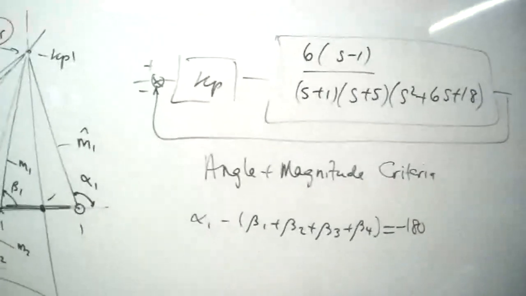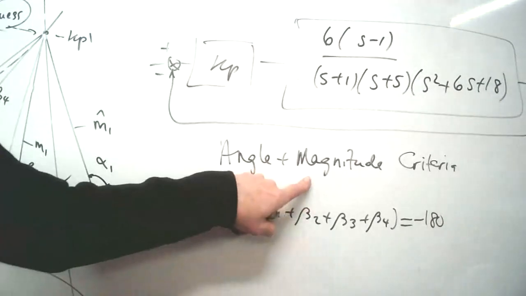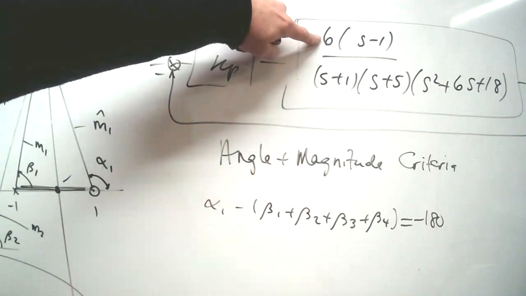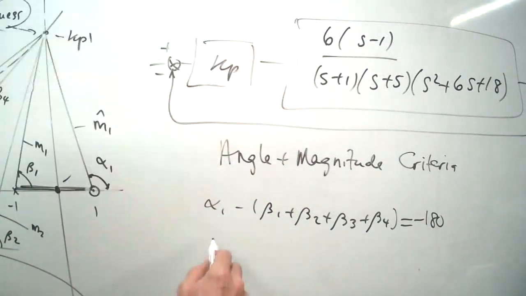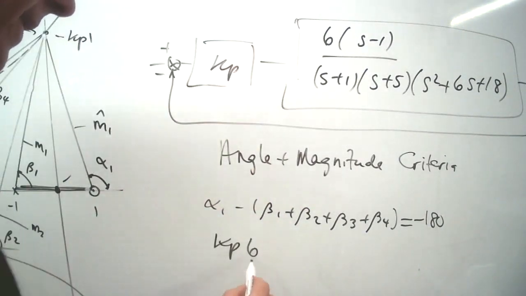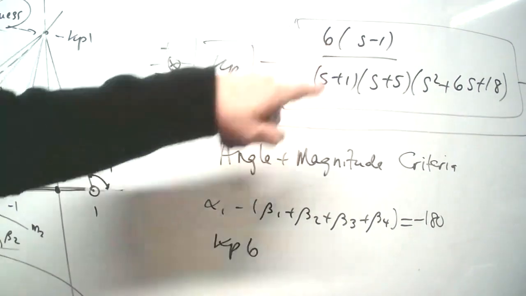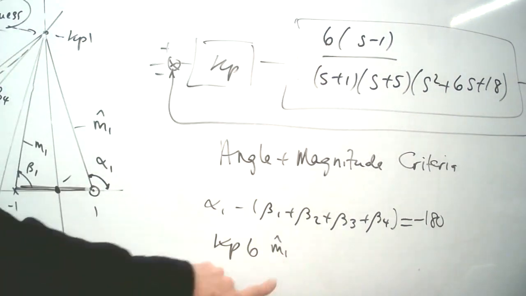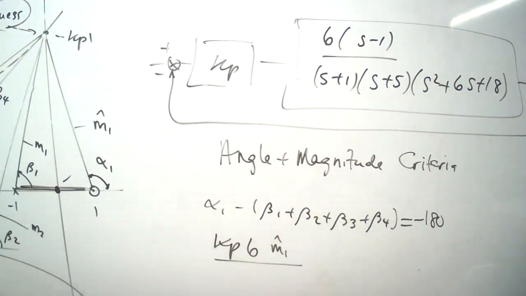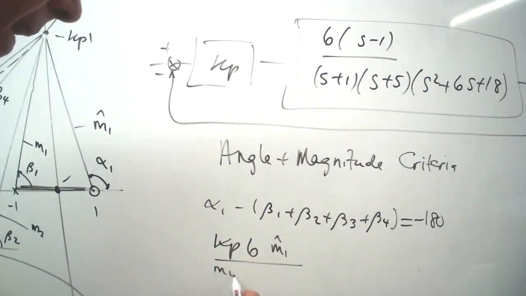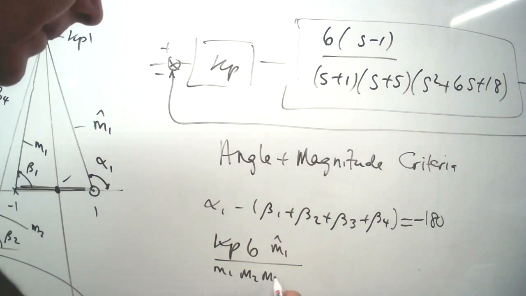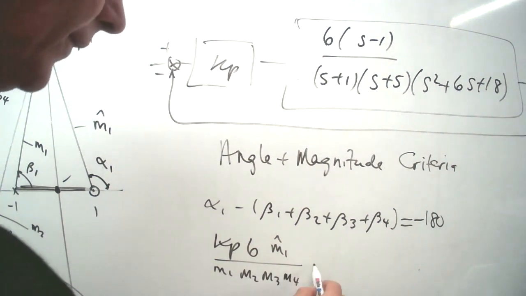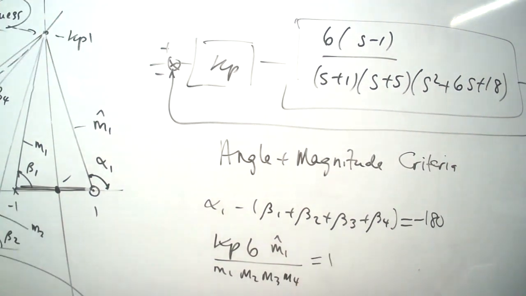Then you can go back into the magnitude criteria. Now, if there's a number there, you have to include this number in. So it's going to be Kp times 6, that 6 has come from there, and then it's going to be M1 hat, that's the zero distance, divided by the product of the pole distances, which happens to be M1, M2, M3, M4, and that's always equal to 1.